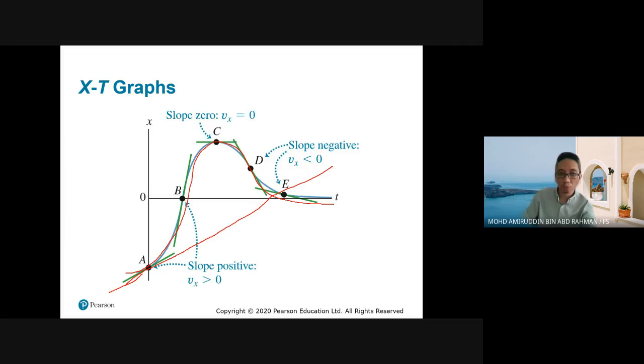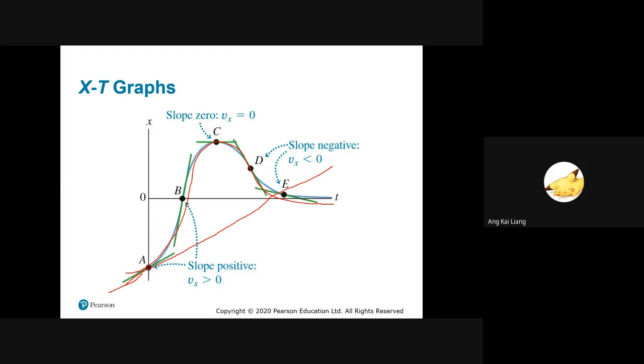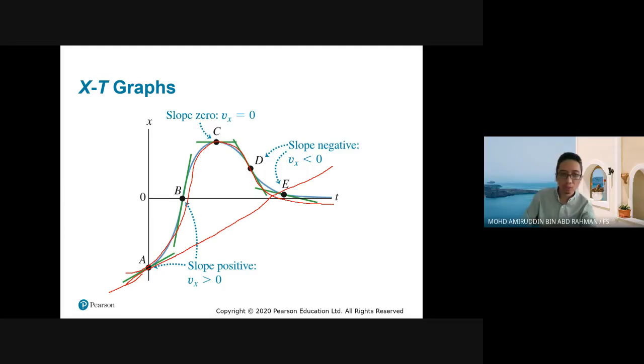If, let's say, the point E is here, then the velocity will be negative. So if the slope is negative, then the velocity is negative. But the instantaneous velocity can be positive or negative according to the path taken.